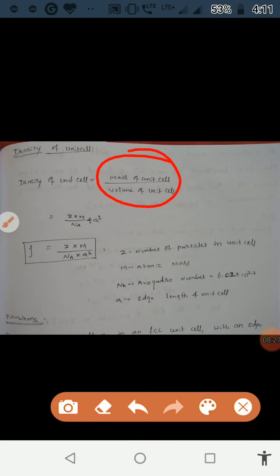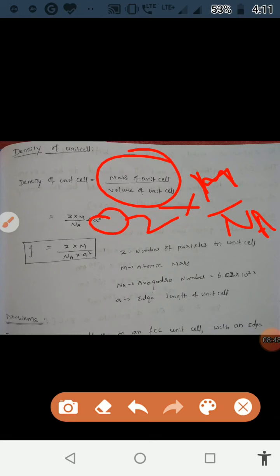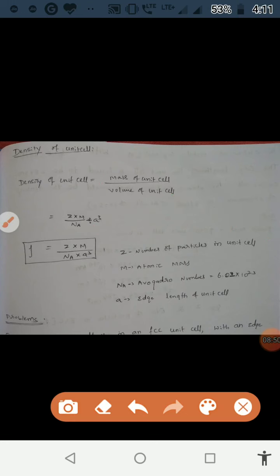The mass of the unit cell is calculated by the number of particles in the unit cell into the mass of each particle. Mass of each particle can be calculated by its molar mass divided by Avogadro number. The volume of the unit cell is the cube of its edge length, therefore it is a cubed.